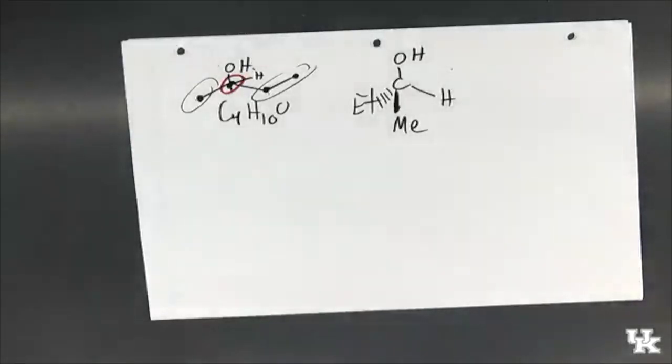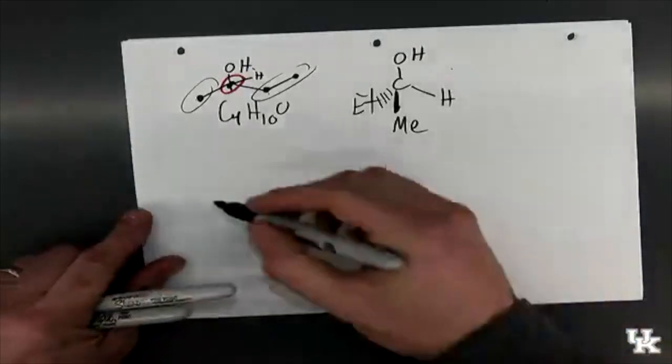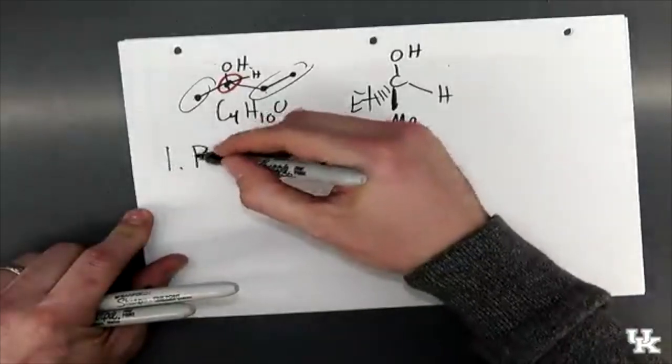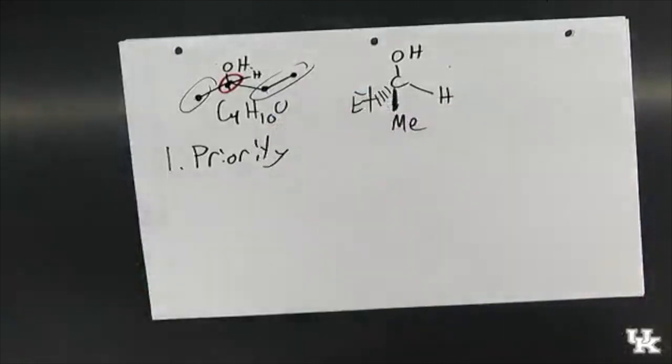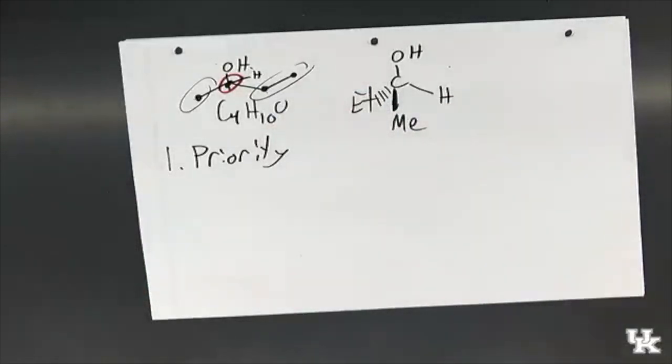So, first step, assign priority. Figure out which ones are the highest priority and which ones are the lowest. It's pretty simple, actually. Highest atomic number means highest priority.